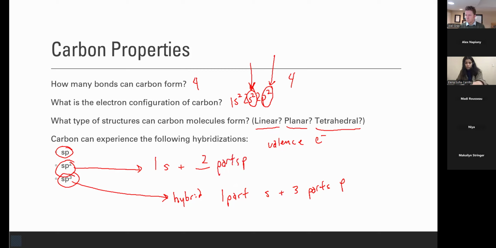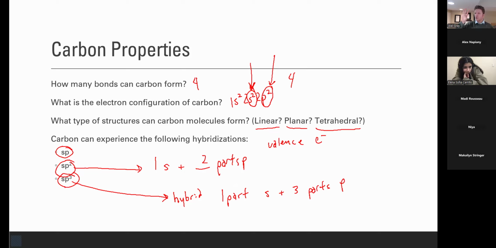Perfect. 2. Okay. Now, what I want you guys to think about with respect to this is to think of an sp3 hybrid orbital as being made up of 4 things total. 1 S and then P, P, P.